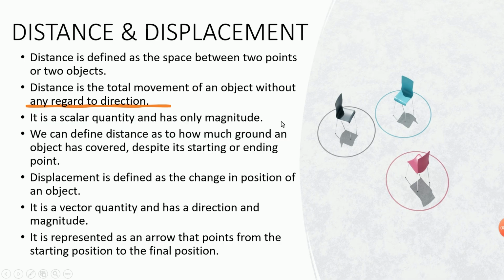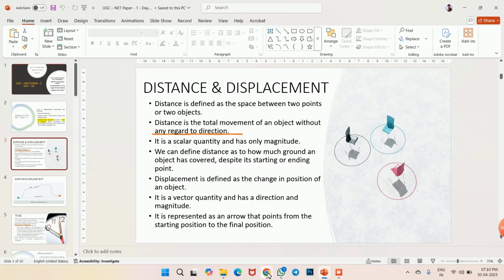In terms of physics, there are 2 quantities. One is scalar, another one is vector. A scalar quantity would be denoted only by a single number. In physics, the number could be called magnitude.